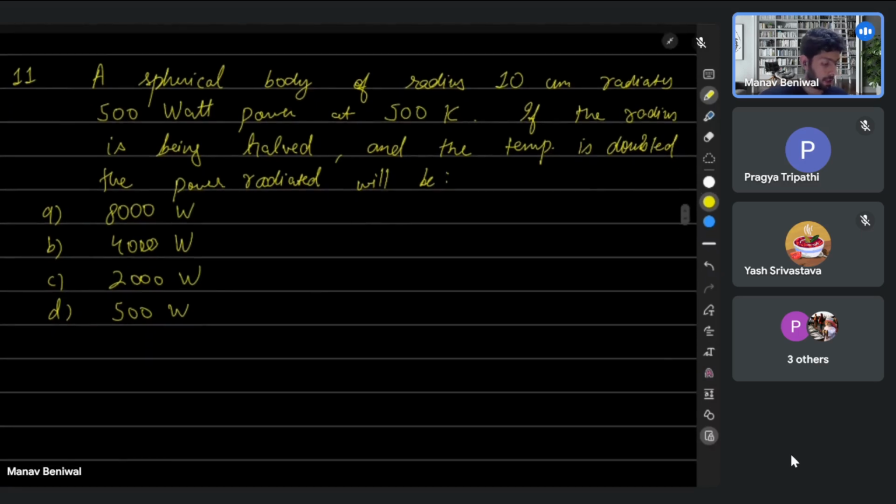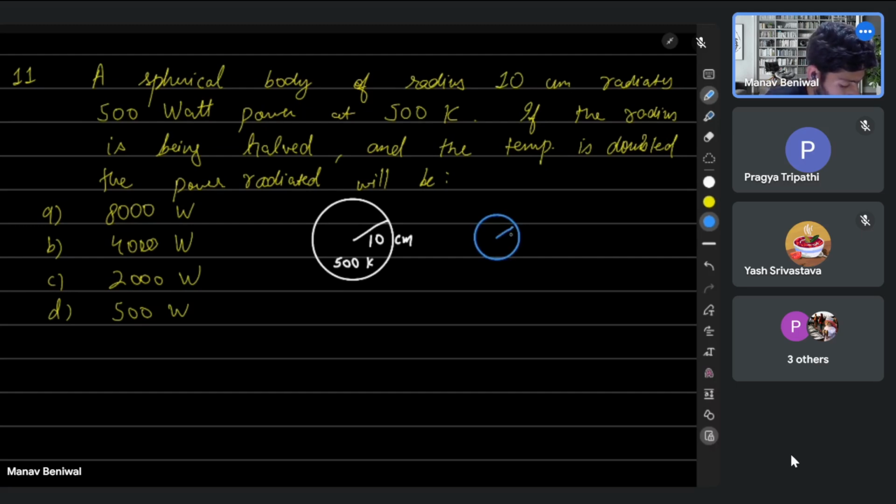Okay, so earlier you have one spherical body and the radius is 10 centimeters. This is kept at 500 Kelvin, right? Now what we have done is we have halved the radius, so it has now become smaller.